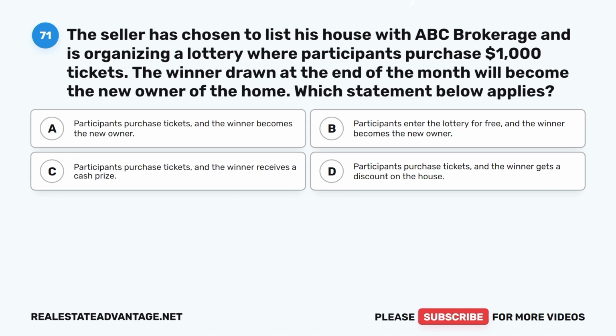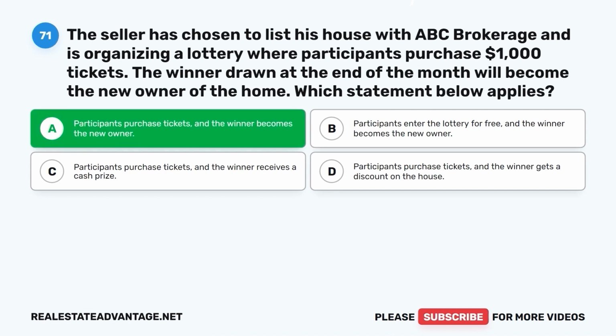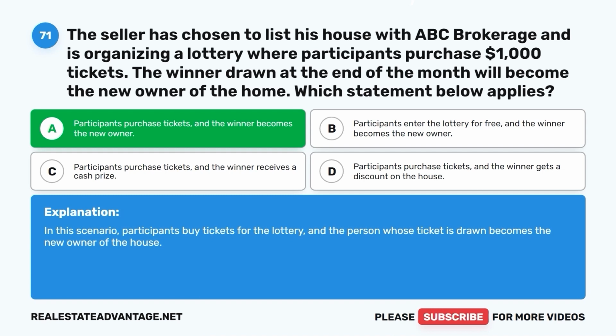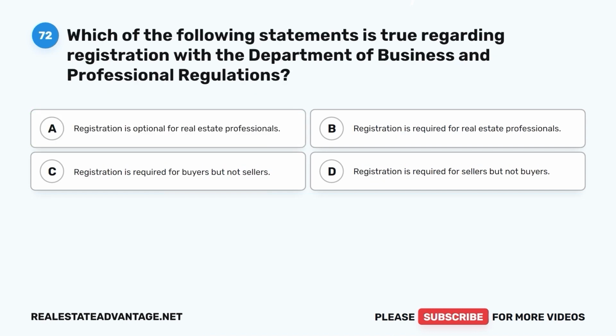C. Participants purchase tickets and the winner receives a cash prize. D. Participants purchase tickets and the winner gets a discount on the house. The correct answer is A. Participants purchase tickets and the winner becomes the new owner. In this scenario, participants buy tickets for the lottery, and the person whose ticket is drawn becomes the new owner of the house.